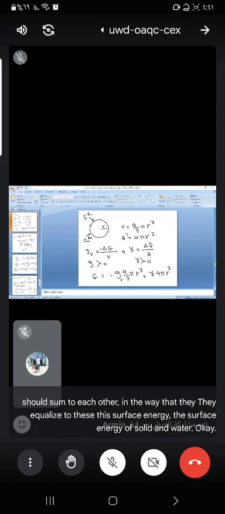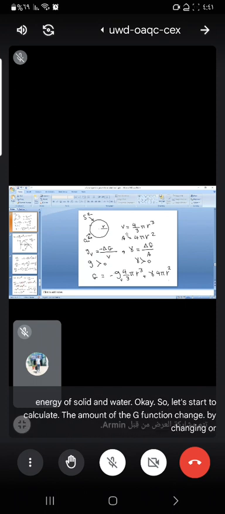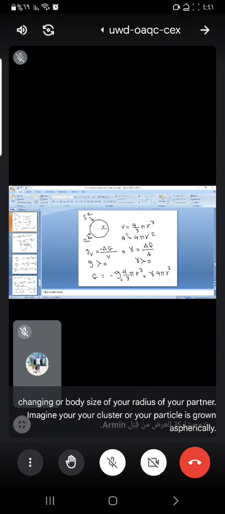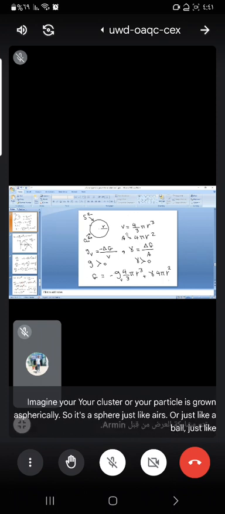Okay, so let us start to calculate the change of the G function by changing the size of the radius of your particle. Imagine your cluster or your particle is grown spherically, so it's a sphere, just like the earth, or a ball, or an orange.